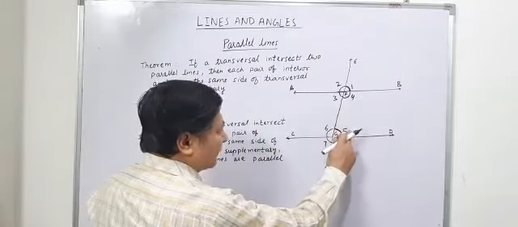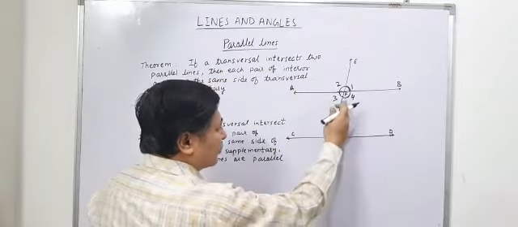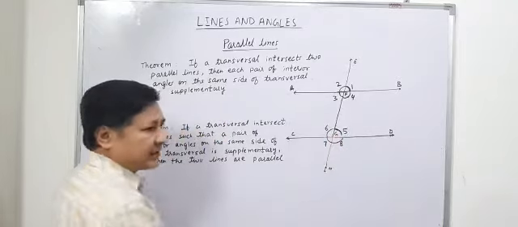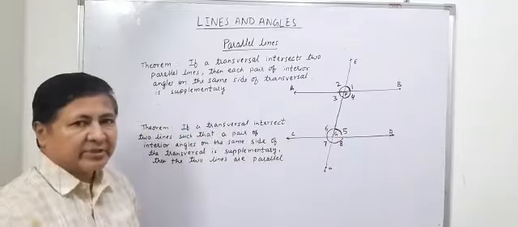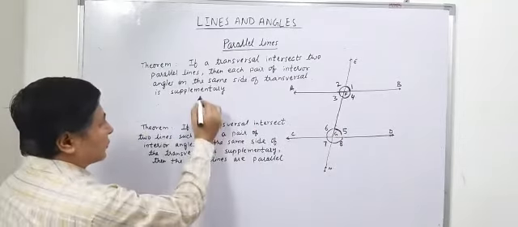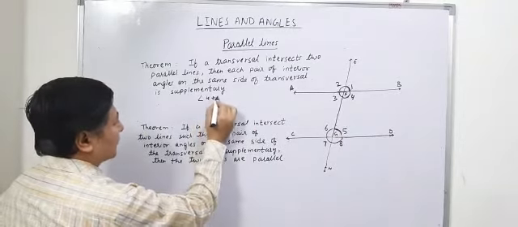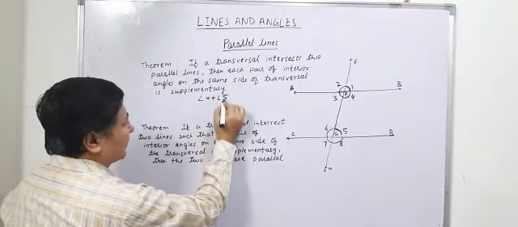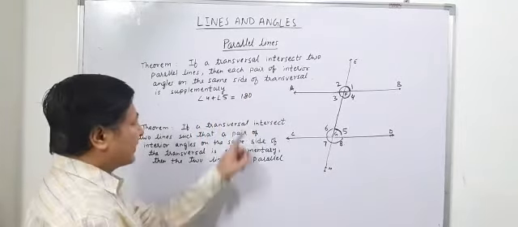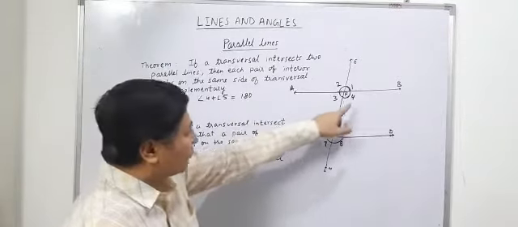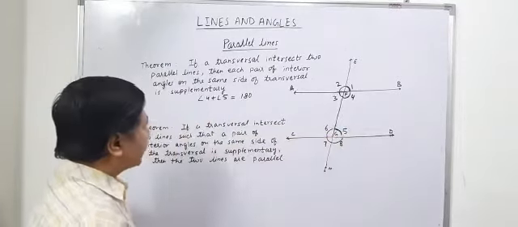Angle 4 and angle 5 are interior angles on the right hand side. Supplementary means 180 degrees. So angle 4 plus angle 5 is 180 degrees.